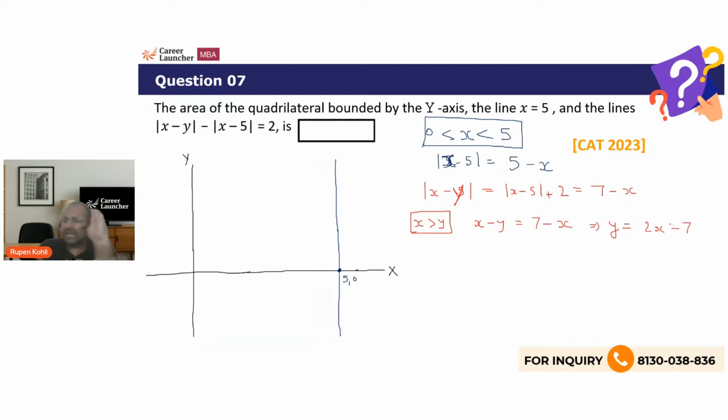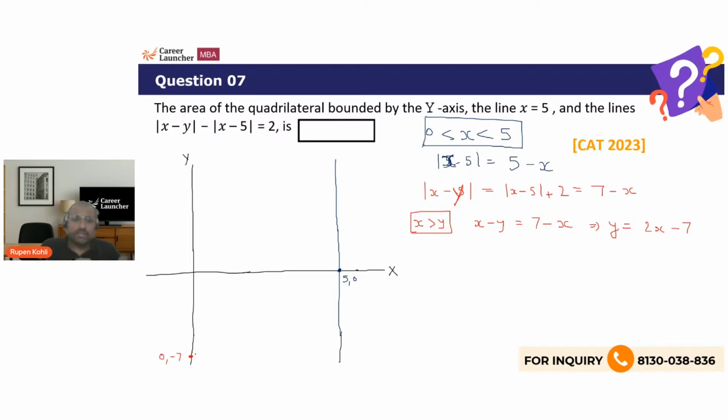I can sketch straight lines if I write it in the form y equals mx plus c. M is the slope, c is the y-intercept. So this line is passing through (0, -7). Minus 7 is the y-intercept. So somewhere below, we'll have the point where this line is starting from (0, -7).